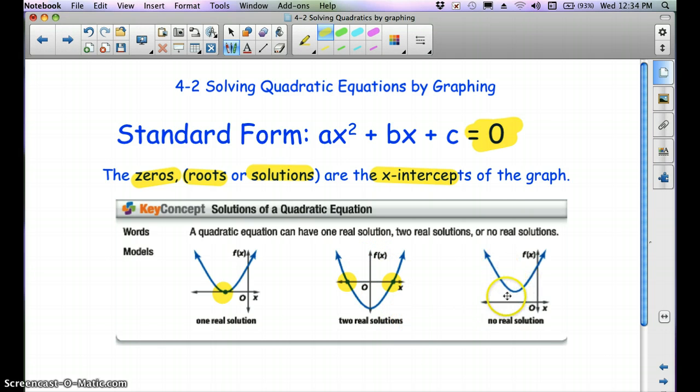Or you can have no real solution where it doesn't hit it at all. So where the vertex is above the x-axis and it's opening up, or it is below the x-axis and opening down. Okay? So those are the different types of situations that you will have.